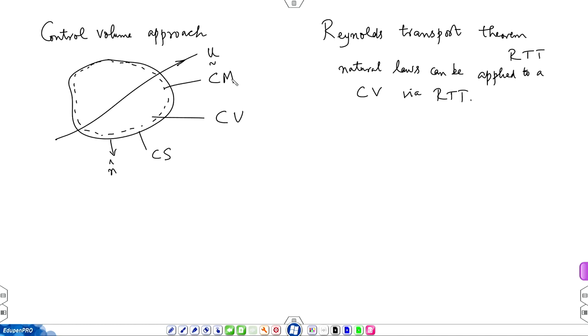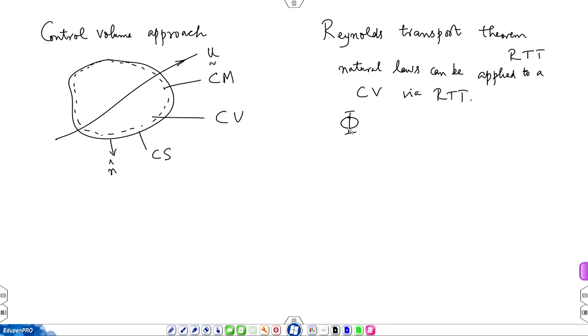But to the material in Cm you can apply the natural laws. So, let us define the attribute of the matter contained in Cv, which is Cm at time t equal to 0, the time instant of interest. Cv and Cm are the same.